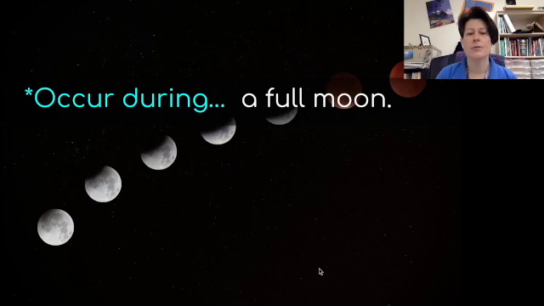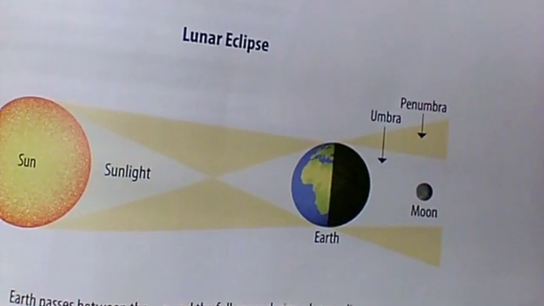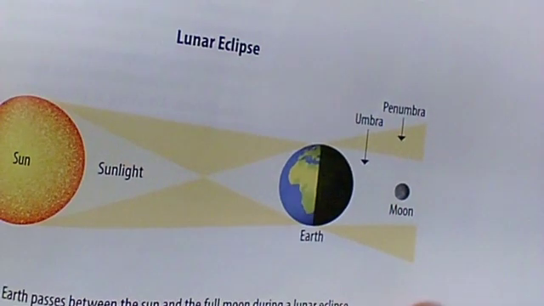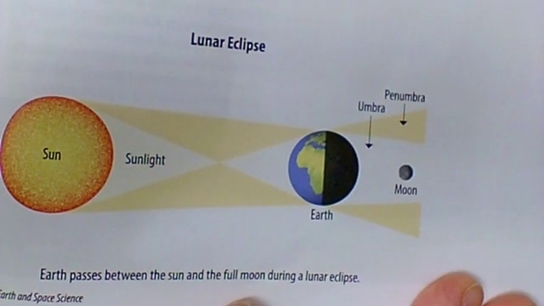So the moon has to be opposite of the Sun, in order to see a lunar eclipse. And it can be observed by everybody on the dark side of the Earth because Earth's shadow can completely cover the moon. So take out your diagram of the lunar eclipse and label your diagram.